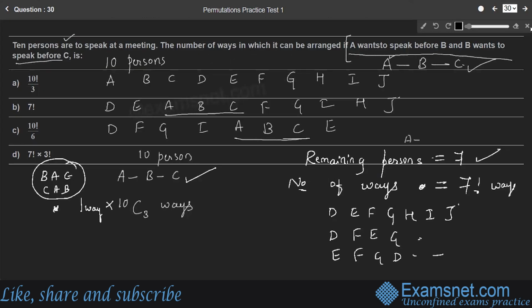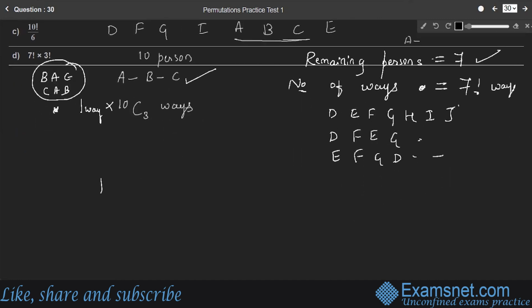Therefore, coming back to the question, we'll consider the total number of ways in which these 10 persons can speak.